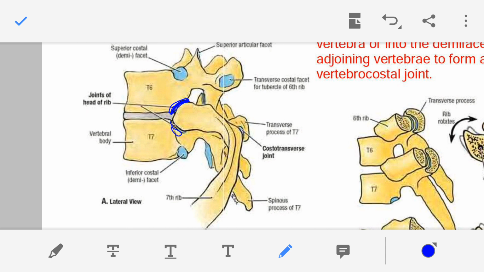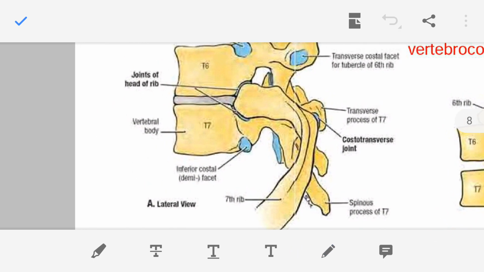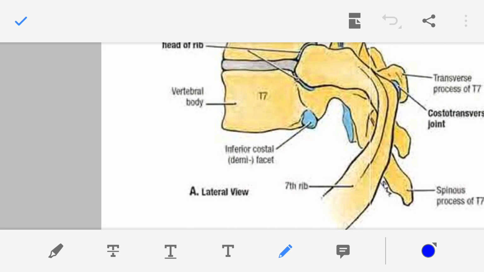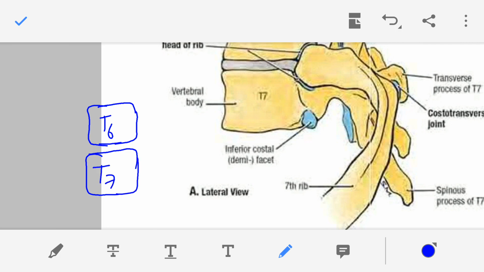So for example, I am drawing over here so that you can understand. Let me draw this. For example, this is the body of T6. Okay, and this one is the body of T7. Now here there is a depression, this one is a depression, and this one is a depression.